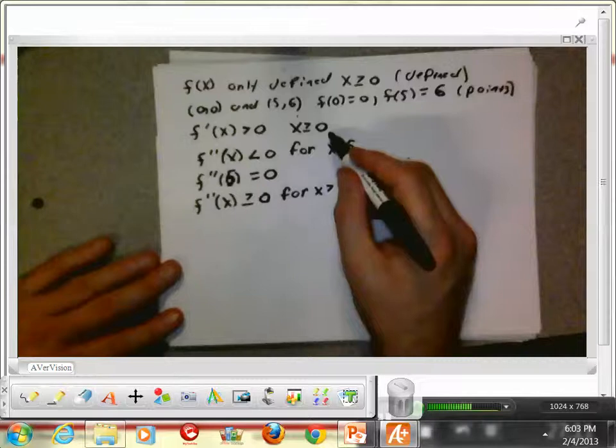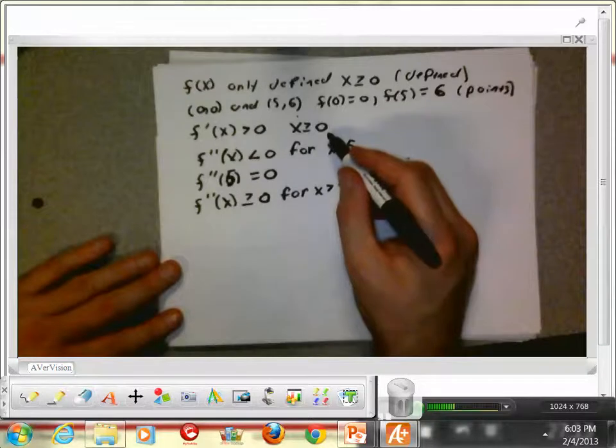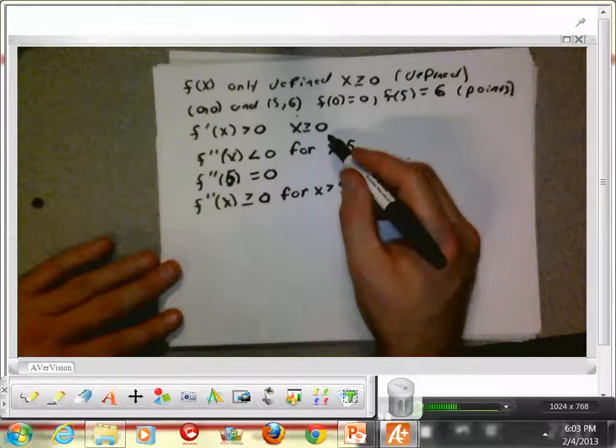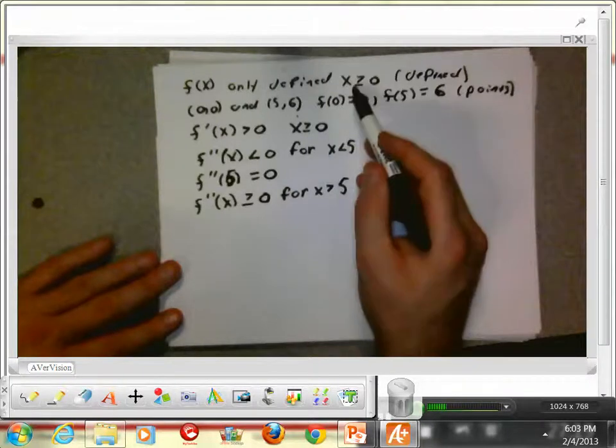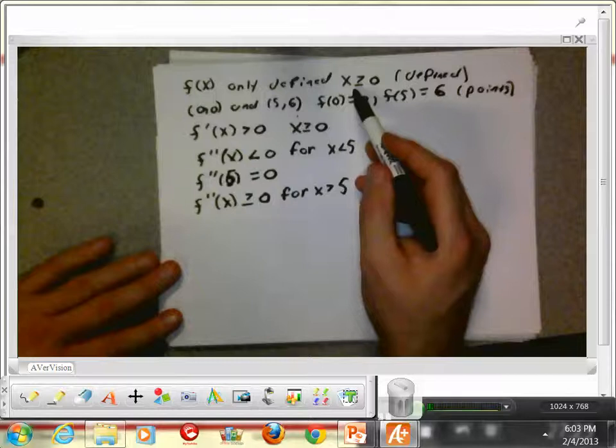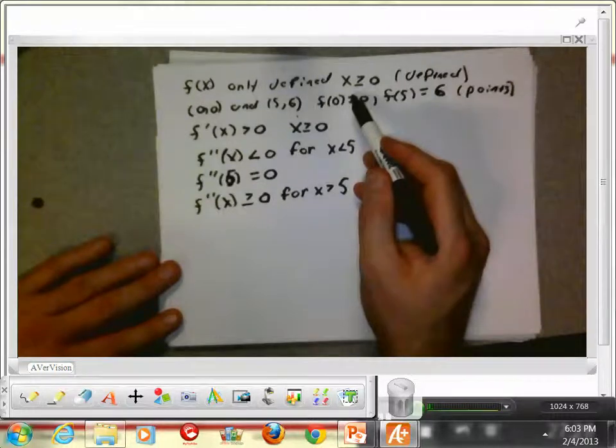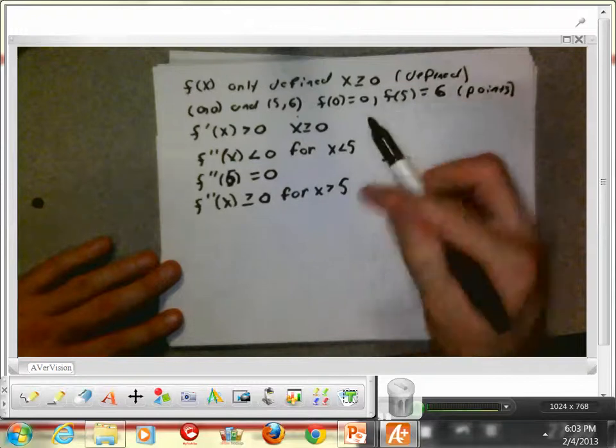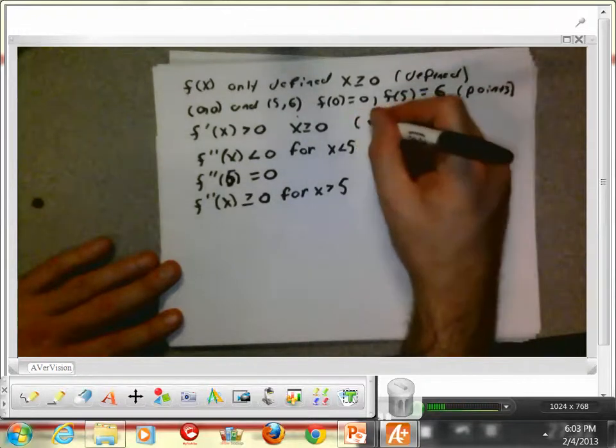Now, this condition over here, what does this tell us? F prime of x is greater than 0 for x greater than or equal to 0. But we only define the function at these points. So is the function going up for all x, or down for all x, or neither? Going up. So this tells us the function is always increasing.